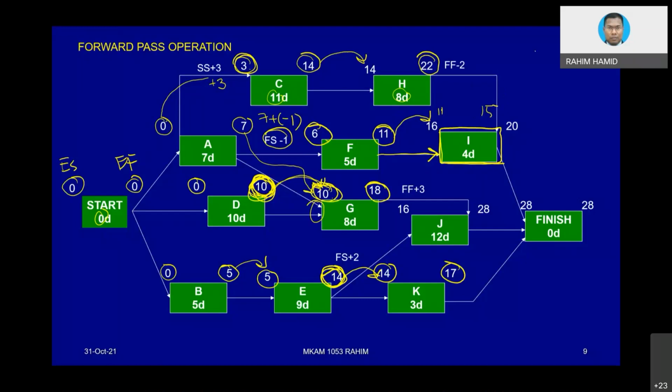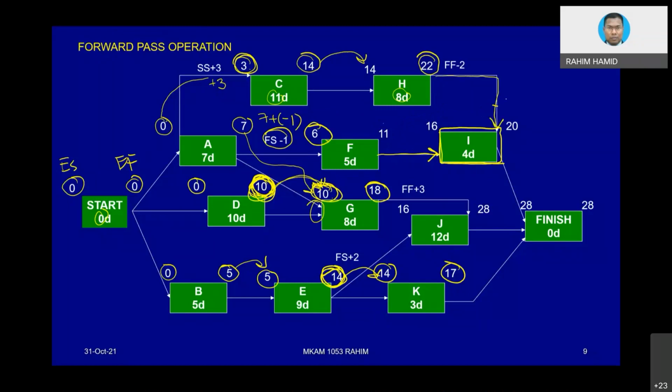Then how about if the value is coming from H? Okay, in normal situation, finish to start. So you will take this value and put it here. But now the issue is that I from H, it is not finished to start. It is finished to finish. It is a little bit weird. So when it is finished to finish, we must look at the relationship where it comes from, the arrow there.